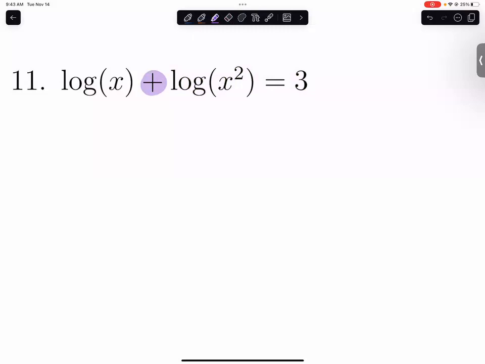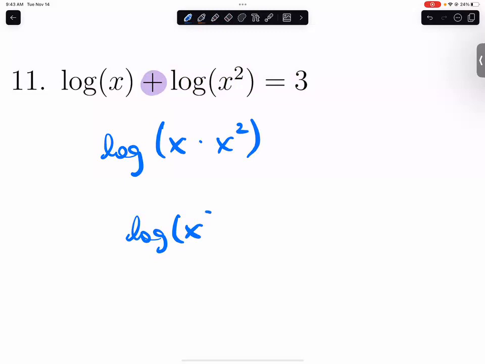What can we do with the sum of two logs? You can combine them and multiply. So it's the log of x times x squared, or the log of x cubed. Right. We can combine those, condense those.